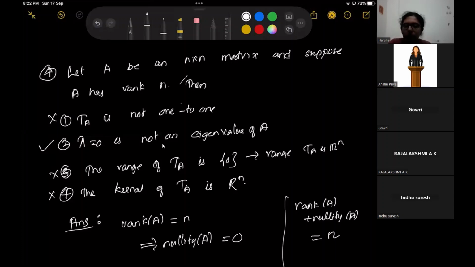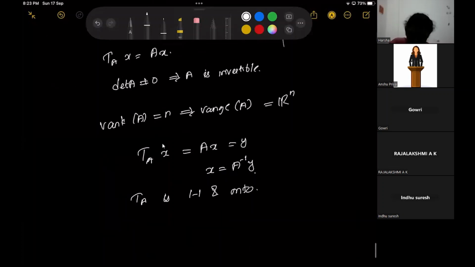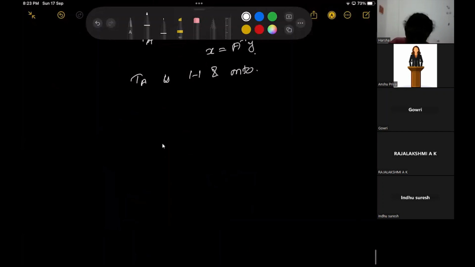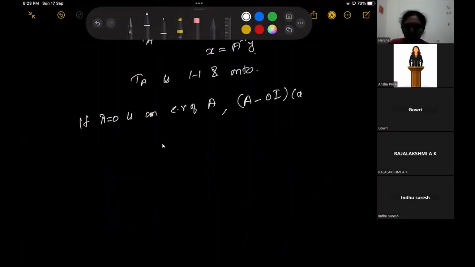That means this lambda is not an eigenvalue. See, if lambda equal to 0 is an eigenvalue of A, then the determinant of A minus 0I equal to 0.